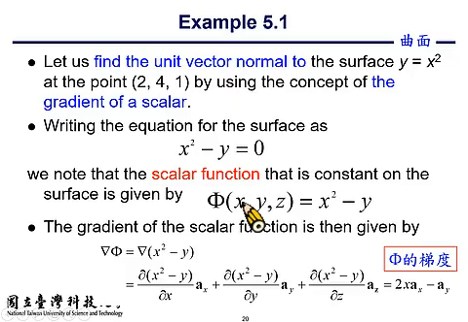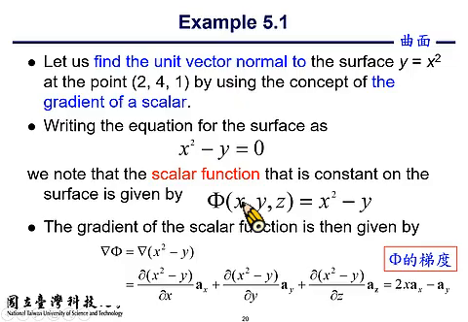So if you want to look at the gradient of phi at a position (2, 4, 1), what is the gradient at the position (2, 4, 1)?